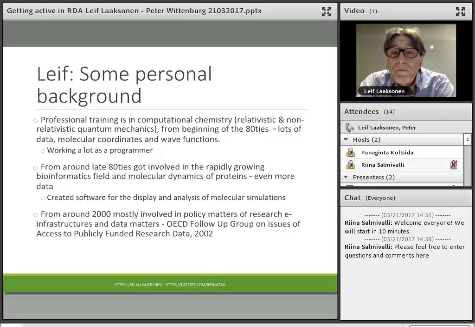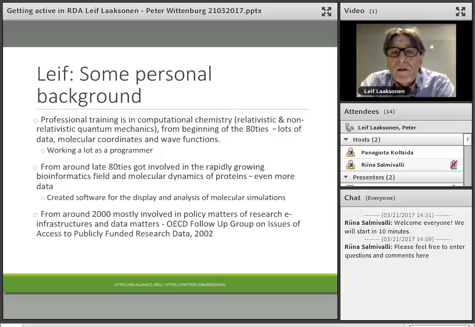I'm a trained computational chemist, mostly in relativistic and non-relativistic quantum mechanics, which we did in the 80s on computers which were not any more powerful than your mobile phone today, which shows how rapidly this world is changing. At least you have a lot more memory in your mobile phone than we had in the computers back in the 80s.